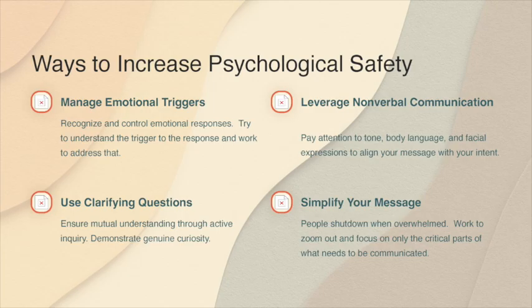So how do we start to make adjustments on psychological safety in our teams? Here are some ideas. One, manage our emotional triggers. So I like to say this, when I get bad news, I sometimes have a reaction. I get mad or frustrated, right? Brian can attest to this.